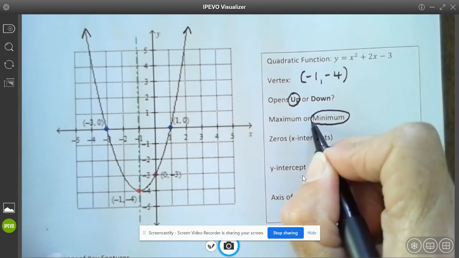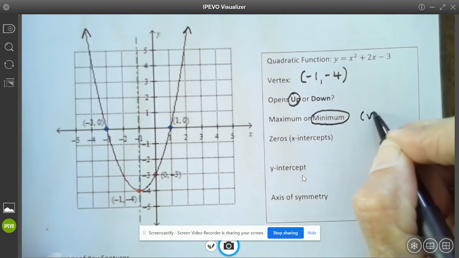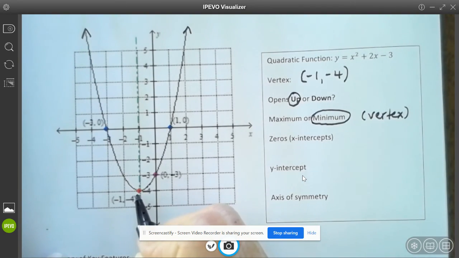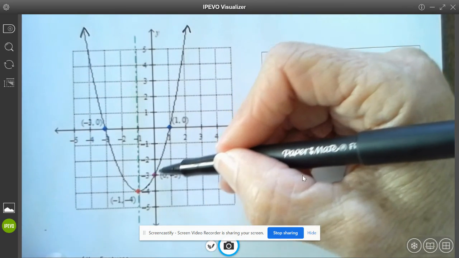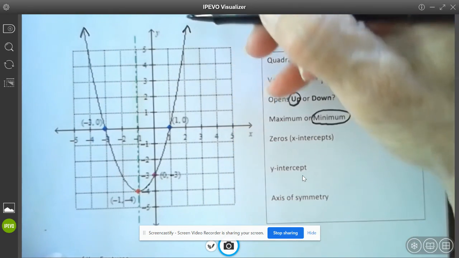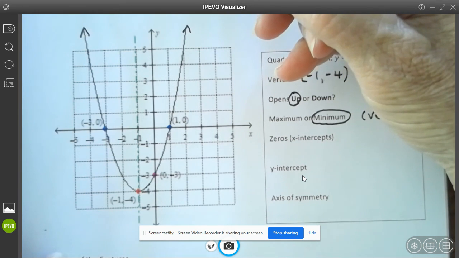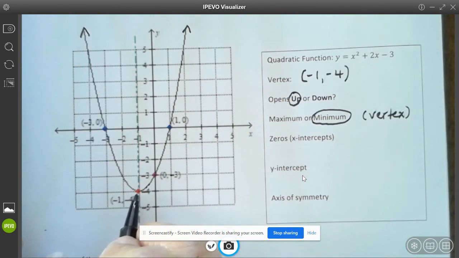The maximum or minimum is always describing the vertex. And it has a minimum point. It will never have a maximum point, because these arrows mean it goes on forever. If it goes on to infinity, there's no maximum. However, we know the lowest this will ever go is -4 on the y-axis.